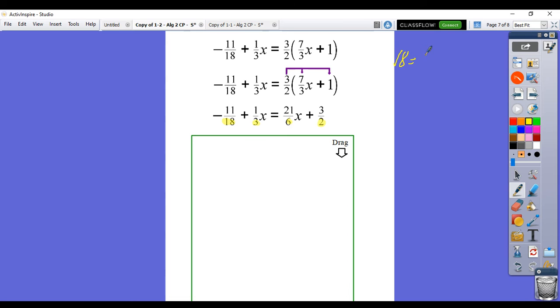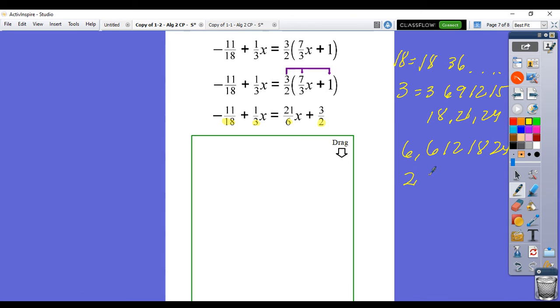Multiples of 18: 18, 36, and so on and so forth. 3 will have 3, 6, 9, 12, 15, 18, 21, 24, and so on. 6 will have 6, 12, 18, 24.